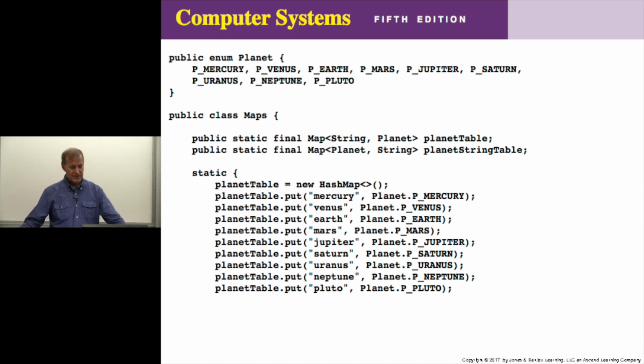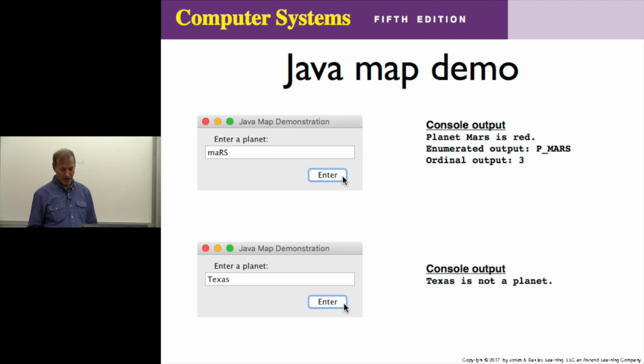On this next slide, we have public enum planet. Now, we've seen these enumerateds before. It's in its own file, right? Is everybody clear? The name of the enumeration is planet, and you just list them in order. Each one of these has an ordinal value. If we come back here to Mars, the ordinal output was 3.